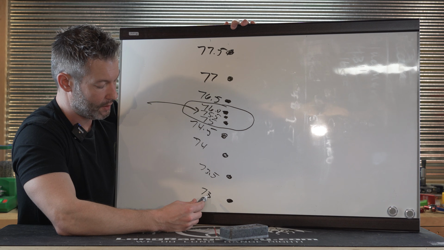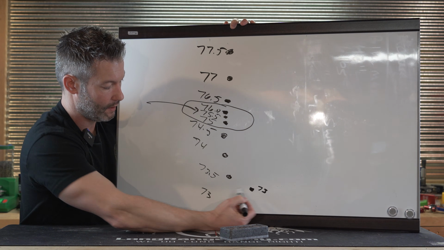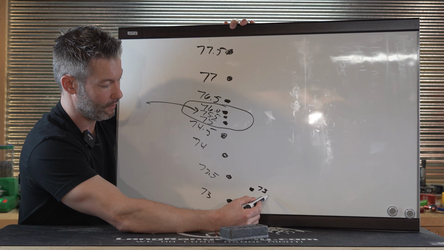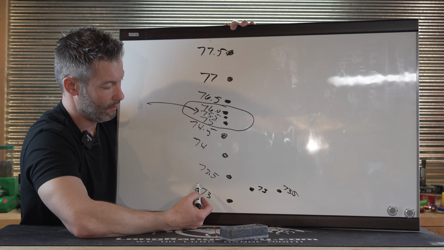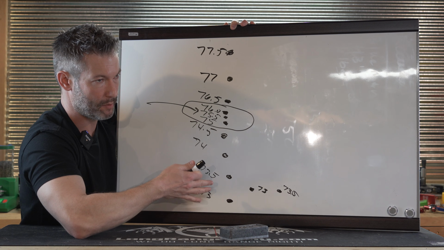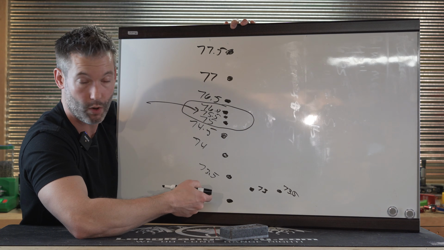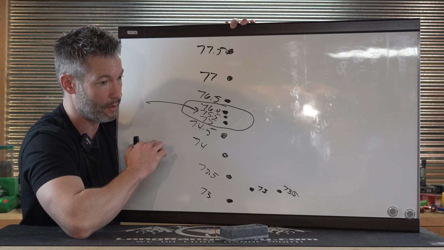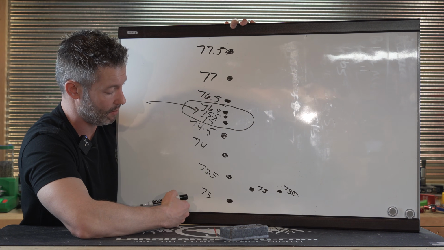So if you shot a second shot of 73, maybe it hits here. You shot a second shot of 73.5, maybe it hits here. The possibilities are infinite, so I'm just giving you some examples. This is, again, one of the reasons why I struggled with making this video for so long, because there are too many situations for me to tell you how everyone's going to play out.